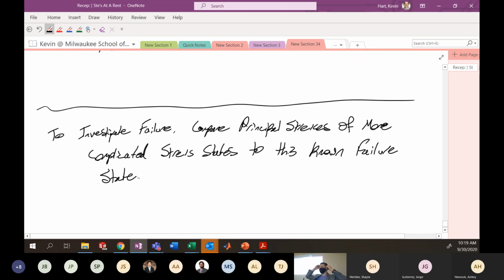Okay, and we can do this in a variety of ways. The methods that we're going to talk about in this class, we have 3 different ways to compare. So the 3 different criteria that we're going to use.